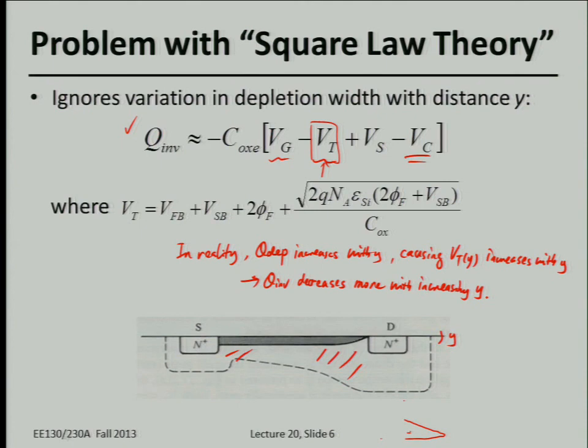But in reality, Q inversion will actually decrease more because you have a non-uniform depletion charge distribution, right?